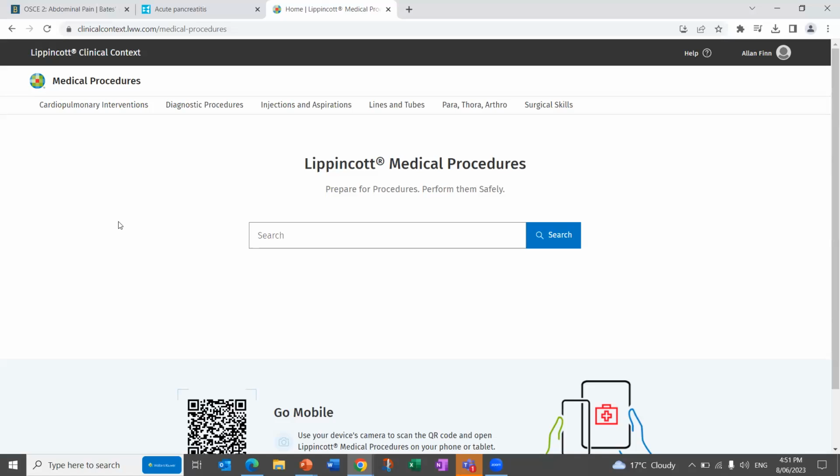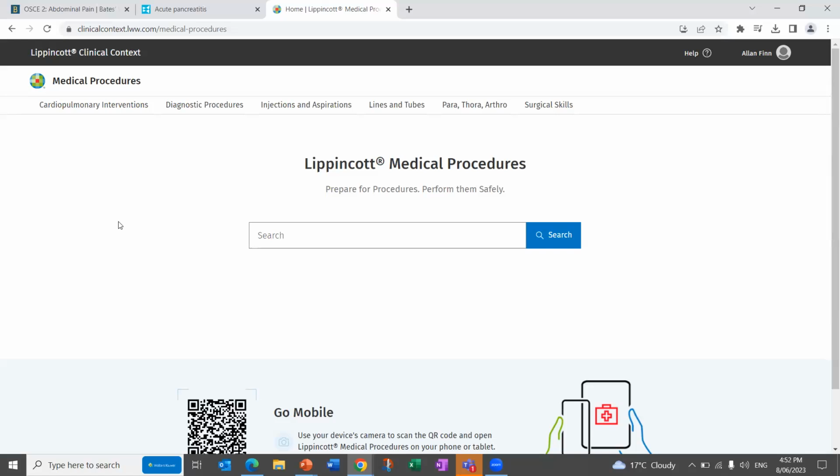This is Lippincott Clinical Context. So we have seen through Bates Visual Guide and through Visual DX, which contains visual information and also in some cases video. And we're looking here at Lippincott Clinical Context.